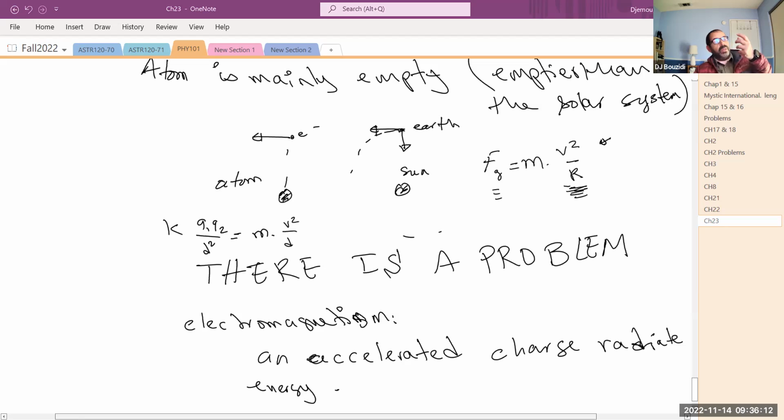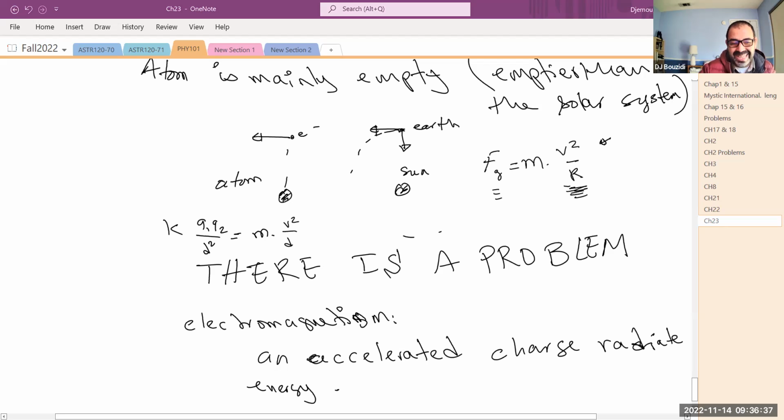In an antenna, you have a charge that is going up and down, and in doing so, it's emitting electromagnetic radiation. Well, if you don't supply energy to it, it's going to slow down until it stops. But what the antenna does is supply enough energy for the electron to move up and down in the antenna, radiating electromagnetic energy.